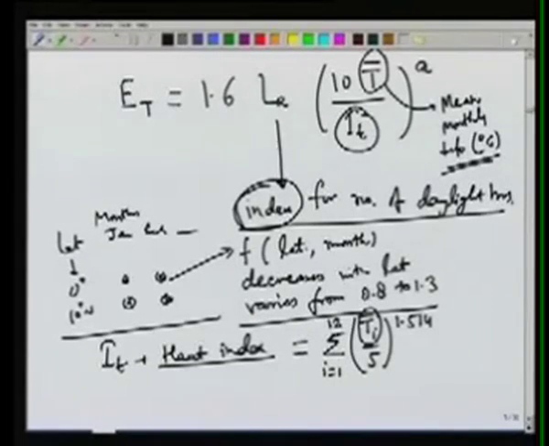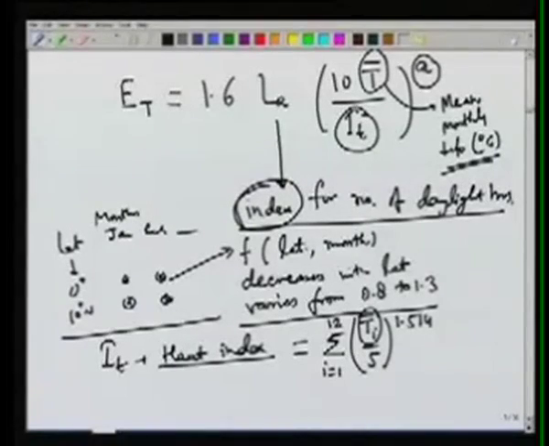So i will go from 1 to 12 for the entire year. So I_T is an index which really is called the heat index, which is the mean temperature for each month, summed up for the whole year.